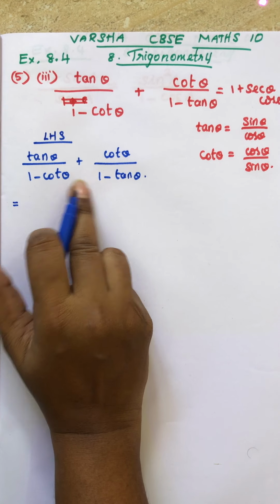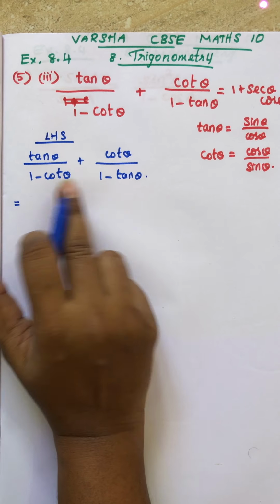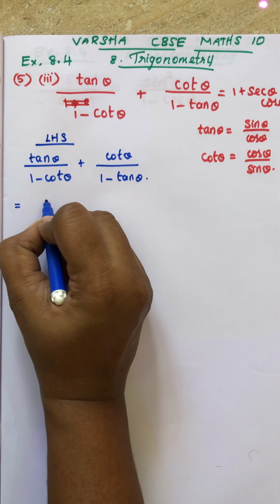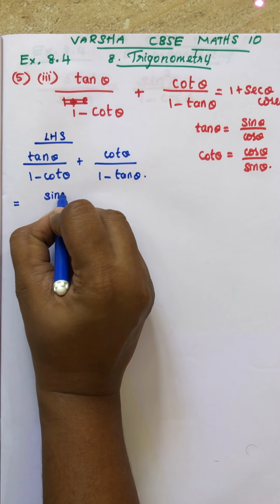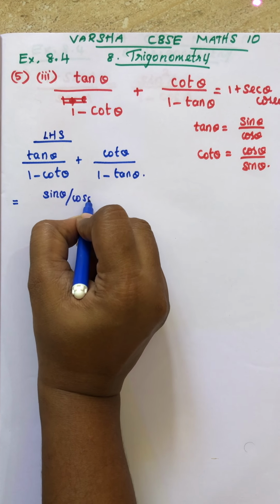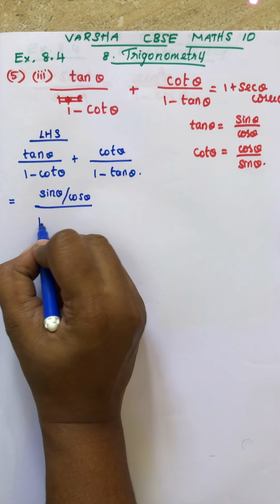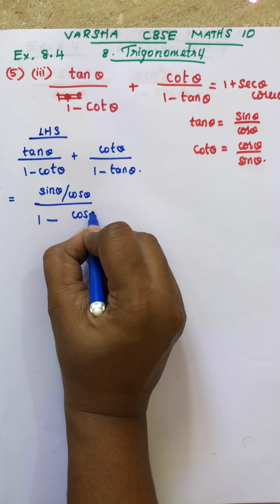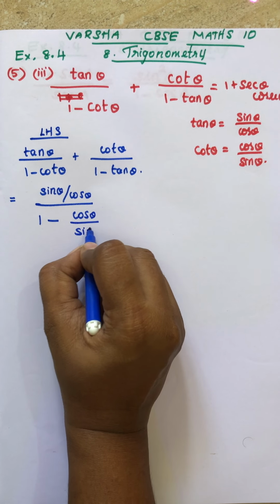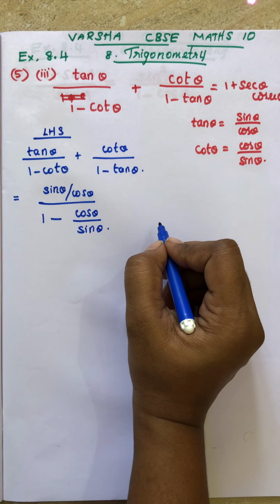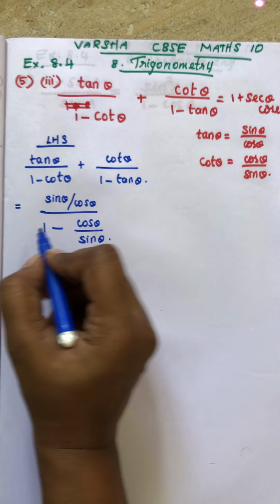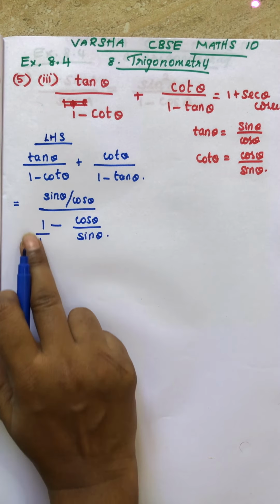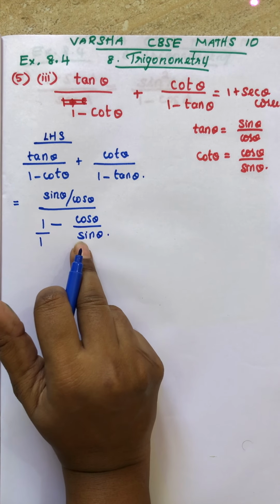Here two terms are there. For tan I am going to substitute sine by cos, 1 minus, this is cot. For cot, what will you substitute? Cos by sine. Okay students, this is by 1. So you have to simplify this.